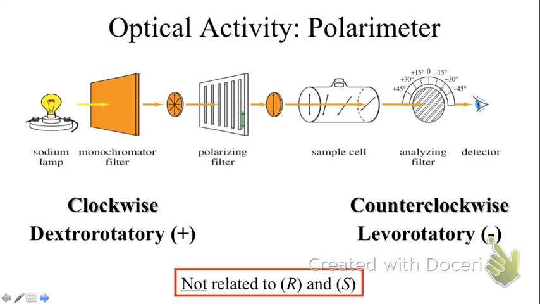If I ask you to assign R and S, great, that's one question. If I ask you for optical activity, that's another question with a different naming system. So the plus minus, dextrorotatory, levorotatory have nothing to do with R and S. Don't cross-relate them.